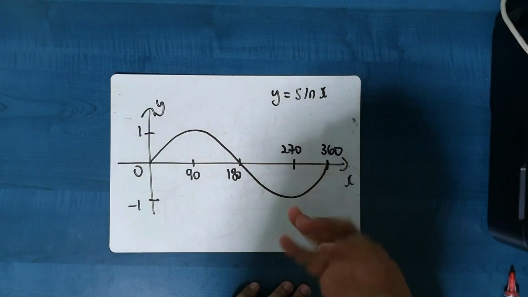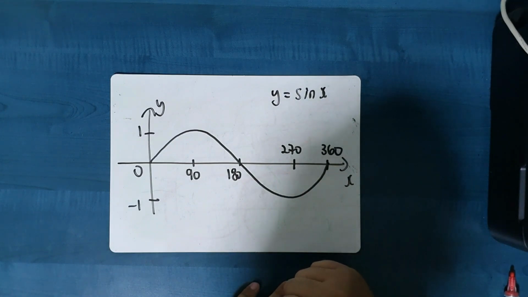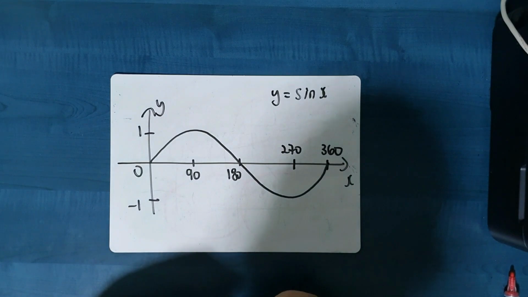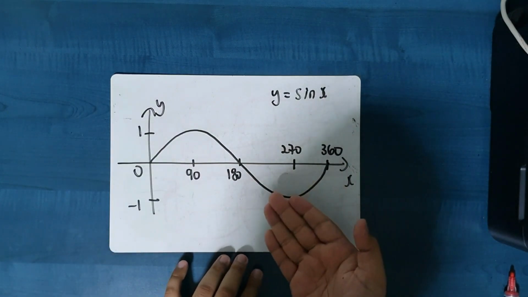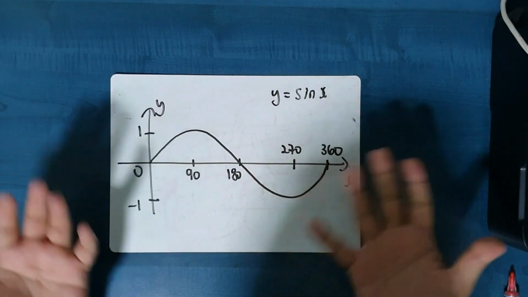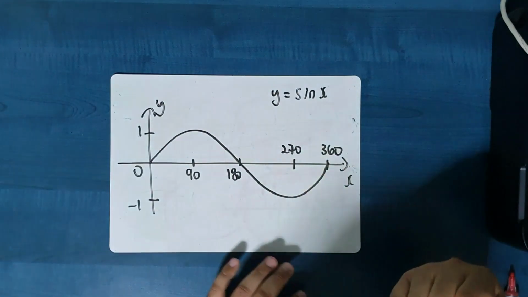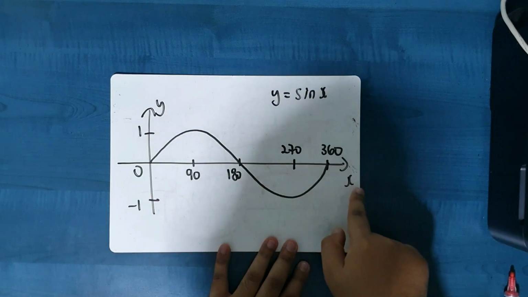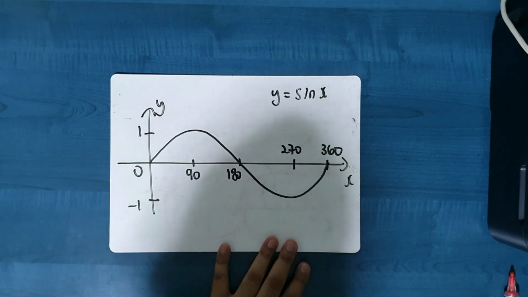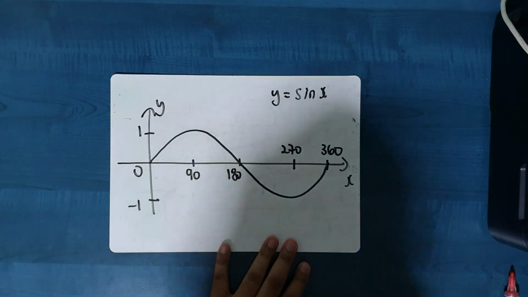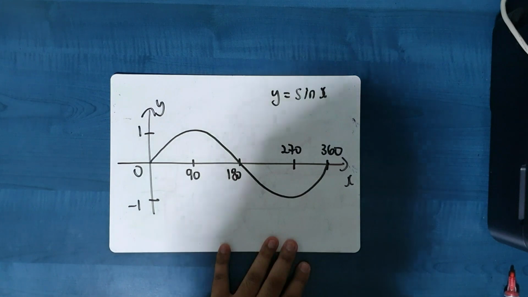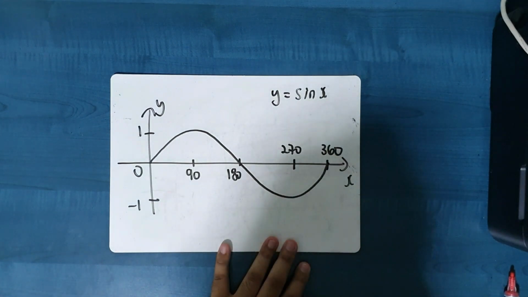Now, before we proceed deeper into periodic motion, let us look back at our sine graph. Recall, when we learned how to draw the sine graph or cosine graph or tangent graph for that matter, our x values are angles and they are in degrees. Now, there are many periodic behaviors in nature where the x values are not angles.